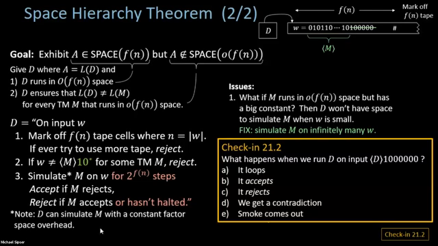When the simulated D tries to mark off f of n tape cells, it's going to blow the original D's space bound and exceed the bound. And so D is going to reject right in step 1 when it tries to get an input of itself. So it's very clear what's going to happen. It's just going to reject because of this reject in particular.